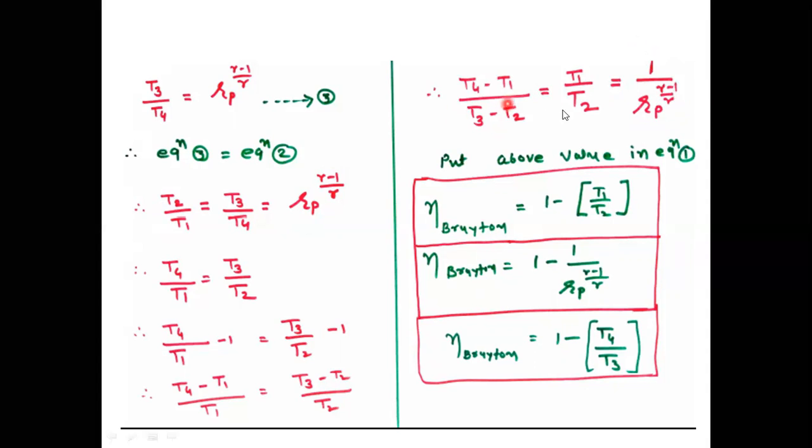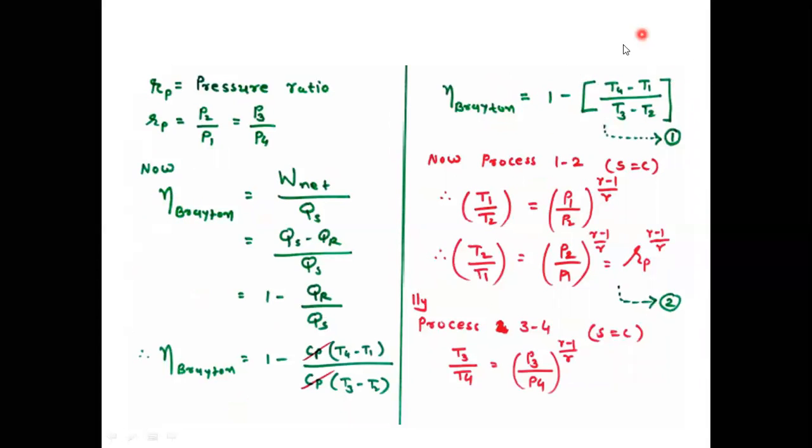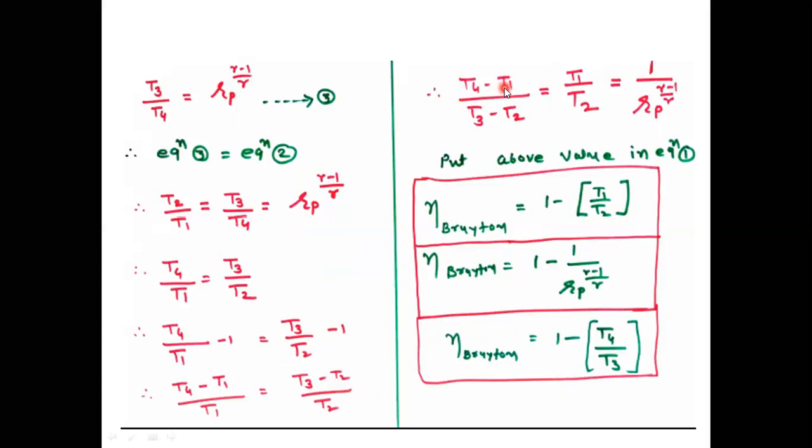Put this value in equation 1. The efficiency of Brayton will become 1 minus T4 minus T1 divided by T3 minus T2, and for the value of this you can put either 1 upon Rp raised to gamma minus 1 upon gamma or T1 divided by T2, as you wish.